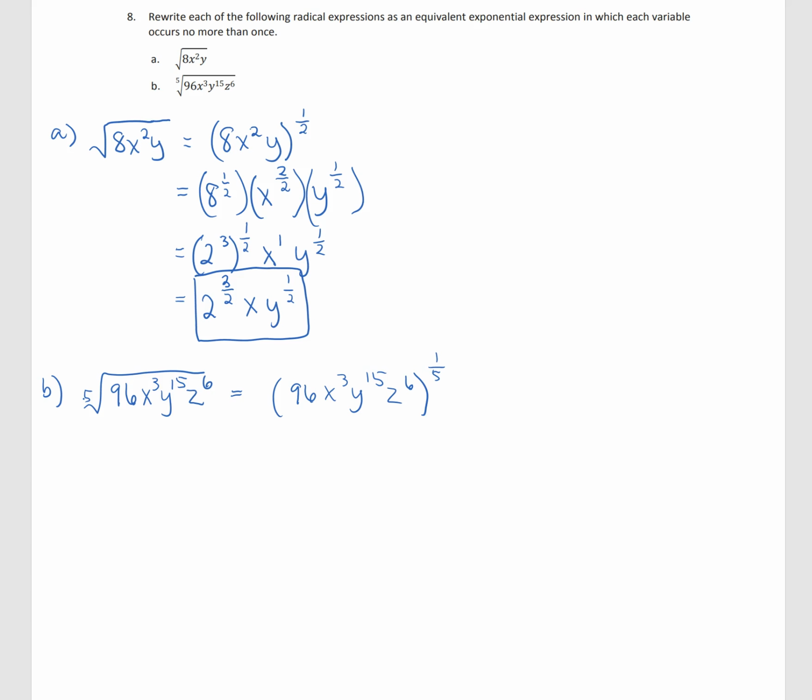So what we can do here is split up 96 into 2 factors, where one of them you can take the 5th root of easily and it will be a nice whole number. So how we can do that is by splitting 96 up into 32 times 3.